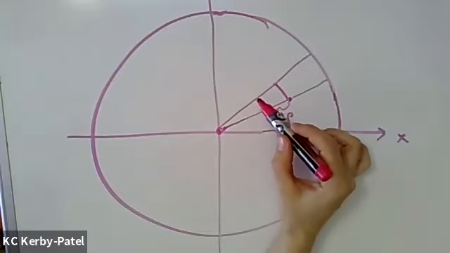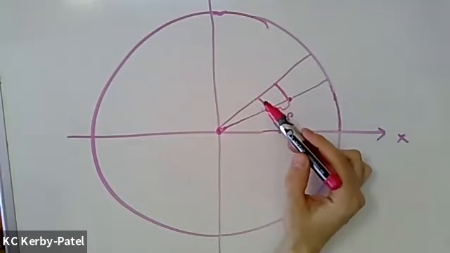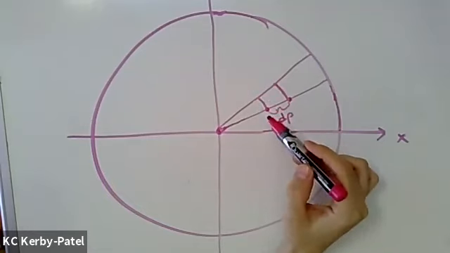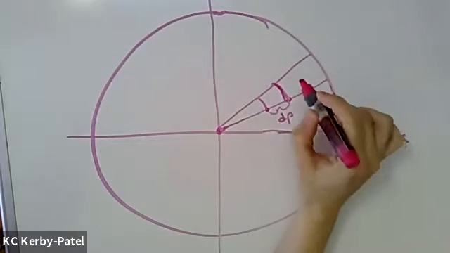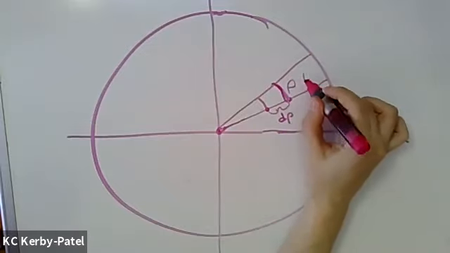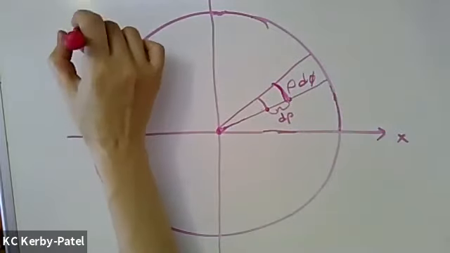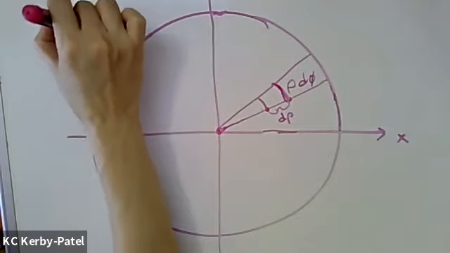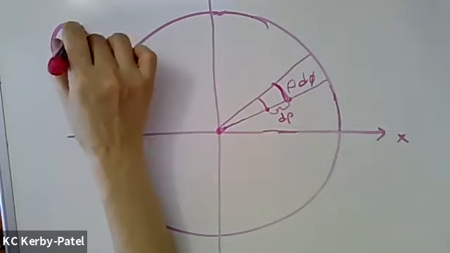So these two lengths, although they are physically different, both sweep through an angle of d phi. On the other hand, the length of this side can be specified as the arc length, rho d phi. And that is a fact that you have to know about circles: if you want to know the length of an arc of a circle, it is the angle that's being swept through times the radius.